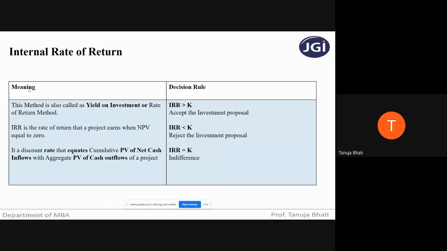So let us read the meaning. This method is also called yield on investment or rate of return method. As the name goes, internal rate of return means whatever investment you're making, what is the return you're going to get on the investment. This method is going to tell you the rate of return which you will be getting on a particular investment that you're going to make.